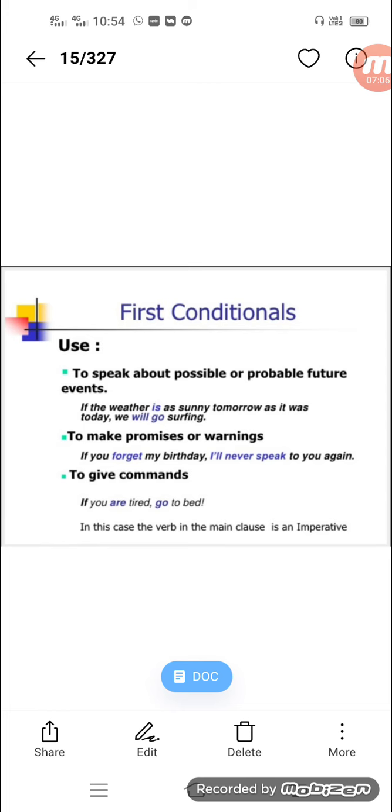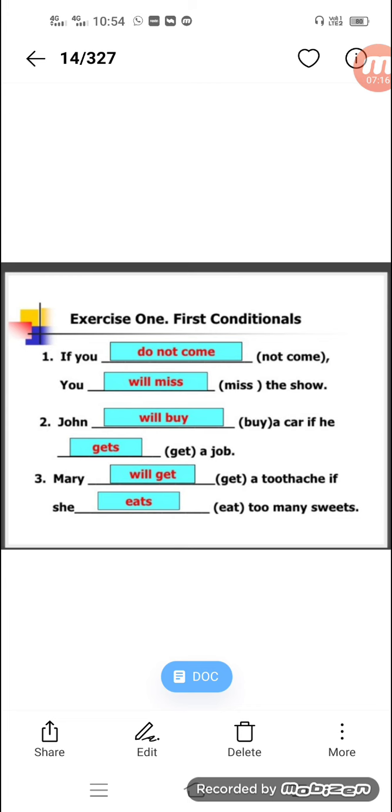If you are tired, go to bed. In this case, the verb in the main clause is an imperative. This is about first conditional. Let us see some examples. If you do not come, you will miss the show. Here we can say that the if condition should be in simple present tense and the main clause should be in future tense, right?